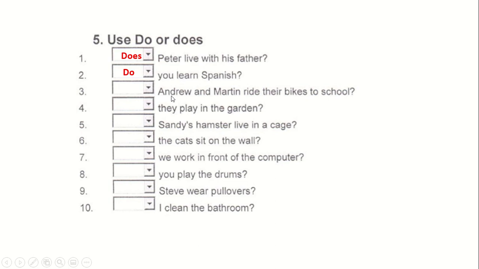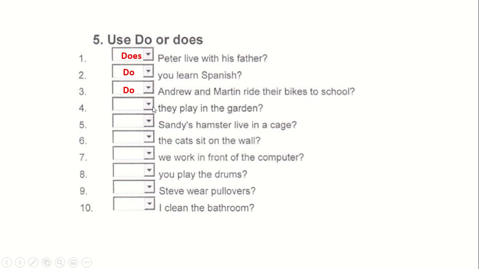The subject here is not Andrew. It's Andrew and Martin. So these are two people, which means we're talking about a group of people or plural. So what should we use here? Do. Very good. Why? Because we have Andrew and Martin. These are not singular, مش مفرد.